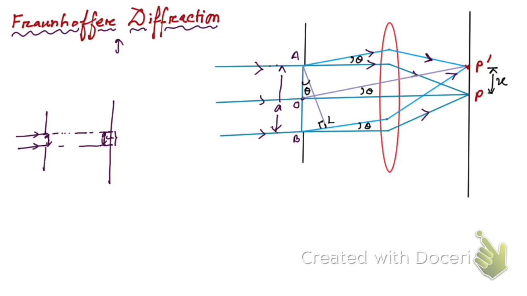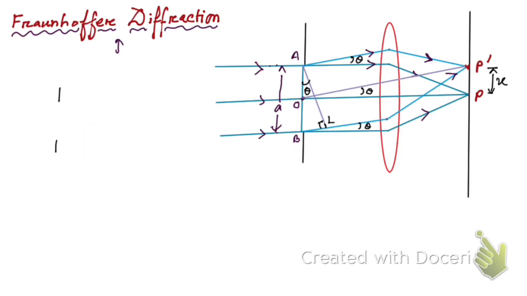So we observe light in this region, but we also observe light beyond this region, here and here. I hope you have understood this. This is because of diffraction.